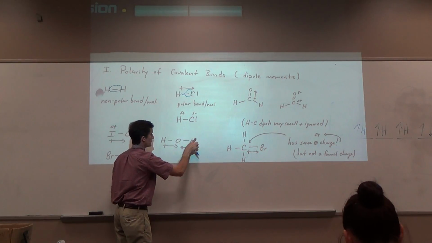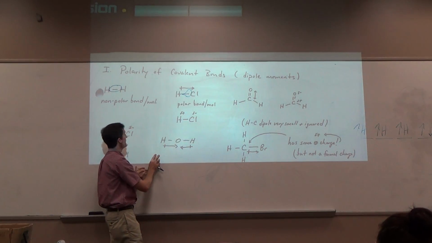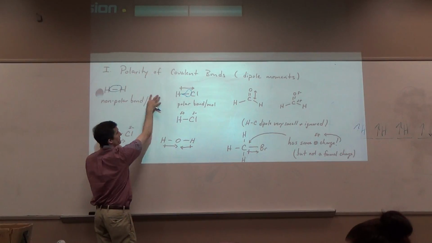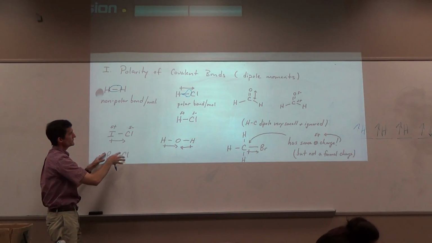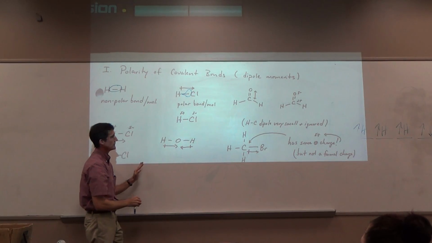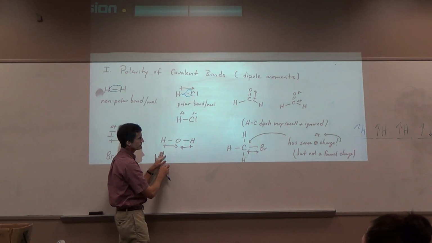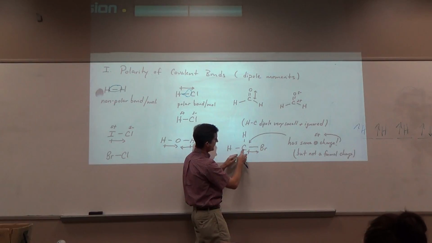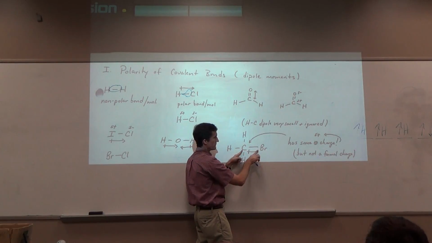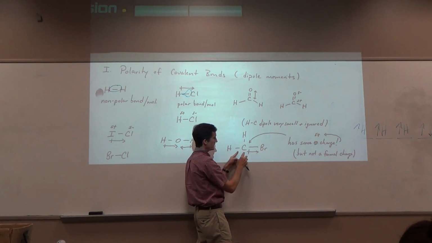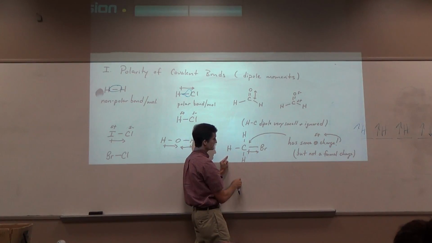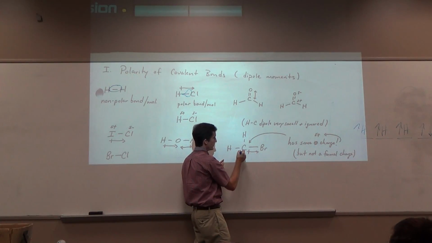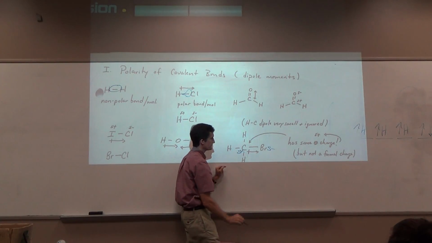All right, water. These we just got one bond, and so the molecule, that's all there is. Let's skip this one. Here we got the C-Br, bromine more electronegative, pulling, leaving carbon partial plus. That can be shown with the arrow, or you can put your dipole like that.